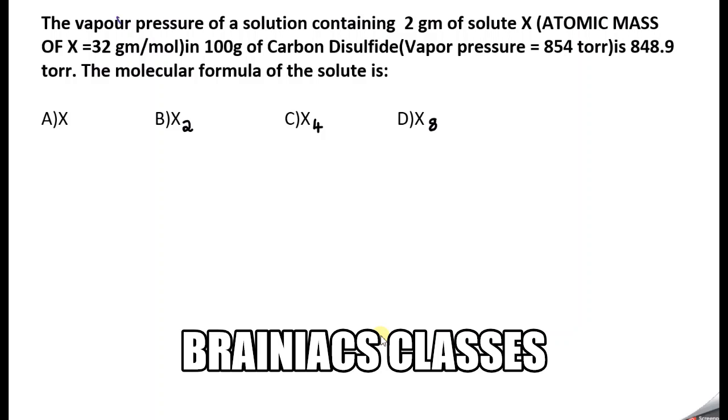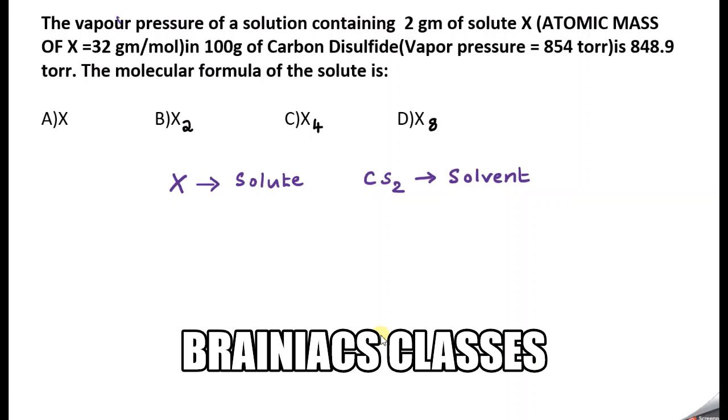Okay, so here they are speaking about a solute X. So here X is the solute, correct? And they are telling this solute is dipped in carbon disulfide, CS2, correct? How much gram of carbon disulfide? This is the solvent.